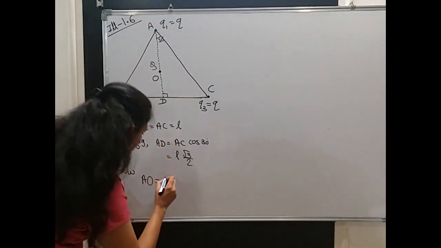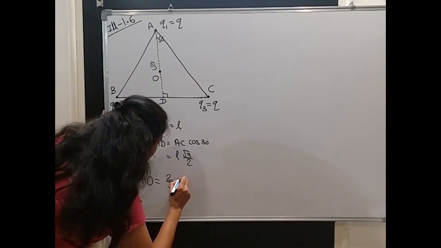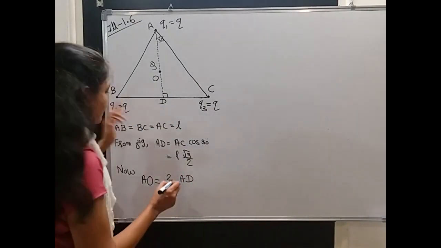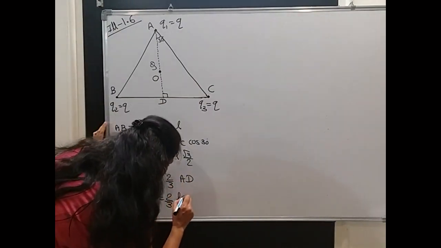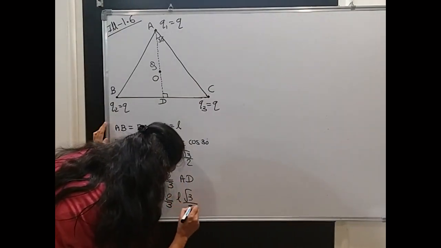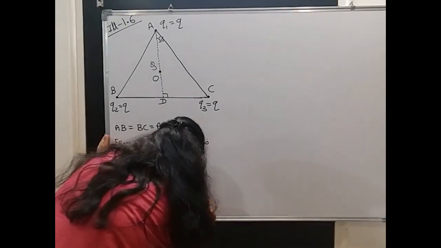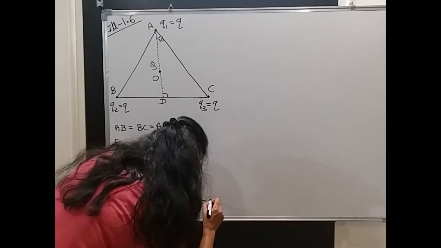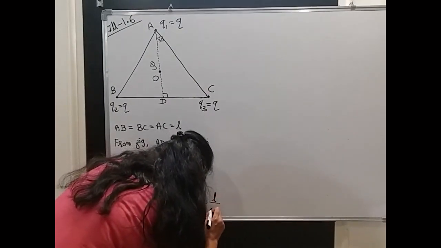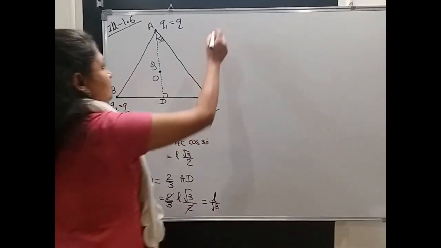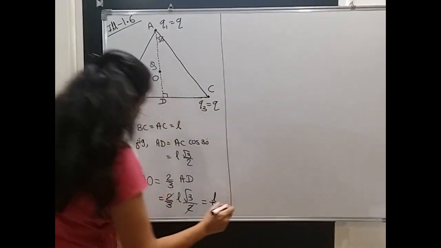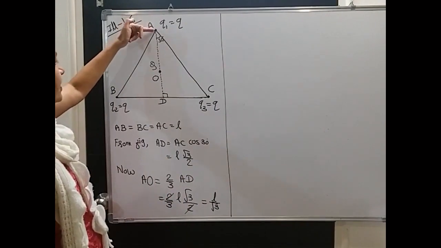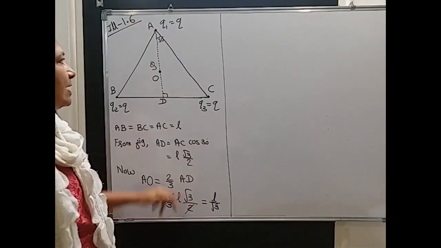So AO is equal to 2 by 3 times AD, that is 2 by 3 times L into root 3 by 2. The 2 cancels, and you get root 3 upon 3, which gives L by root 3. So the distance AO, the distance between the vertex and the centroid, is L by root 3.